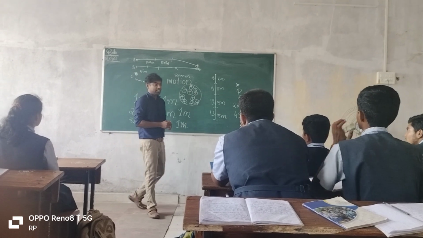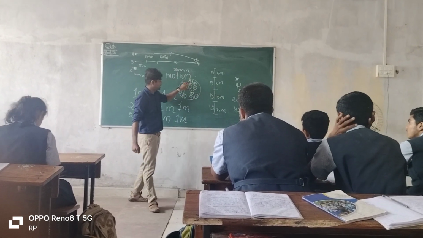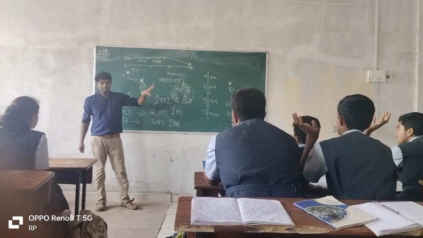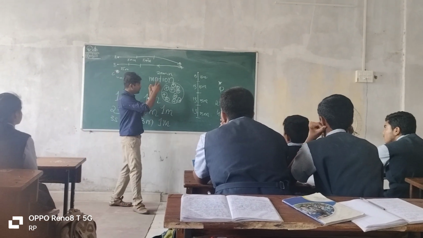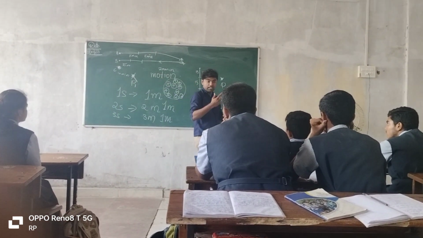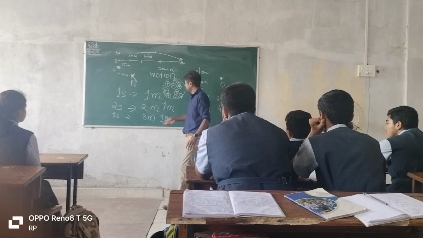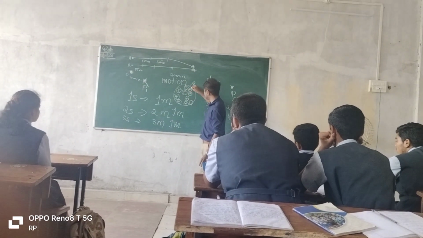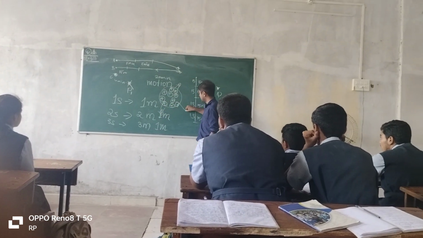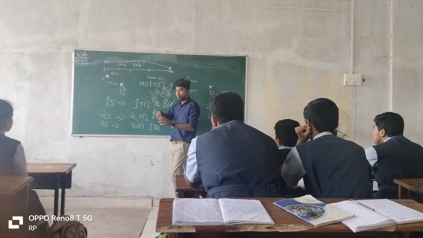The name of that force is electromagnetic force. And what will happen to the size of the nucleus? The size of the nucleus will become larger and larger, and it will become out of shape. One proton will go here, another proton will go there. Like that, it will become out of shape.